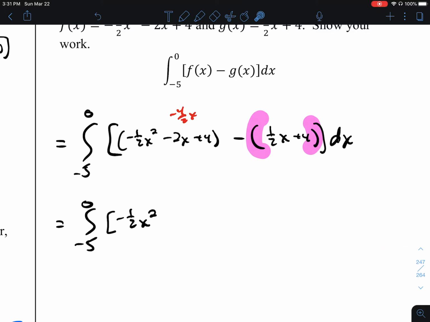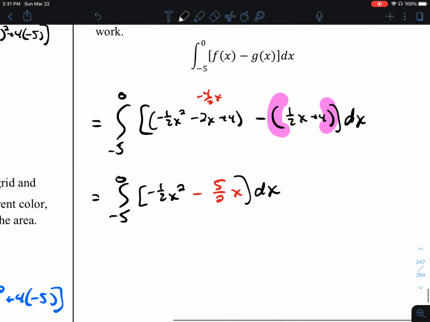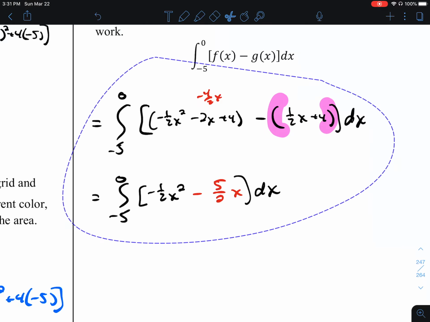Minus 4 over 2x minus 1 over 2x. The x is not on the denominator, I made it sound like that. It's going to be a minus 5 over 2x. And then the plus 4 and the minus of plus 4, those cancel. We are just integrating here two terms, as opposed to 1, 2, 3, 4, 5, which is what we did using the other method. Boy, I am writing entirely too large.